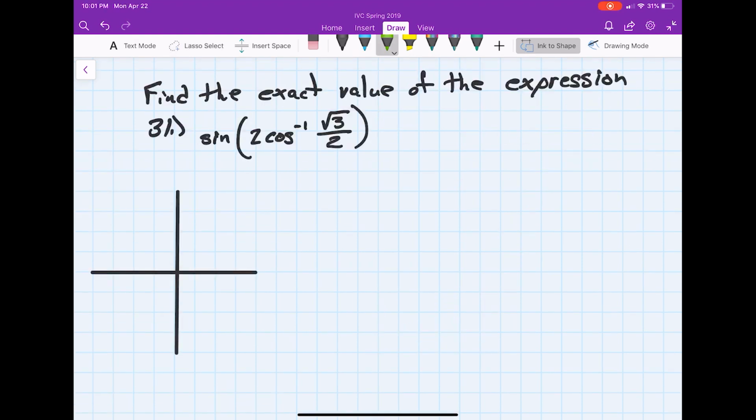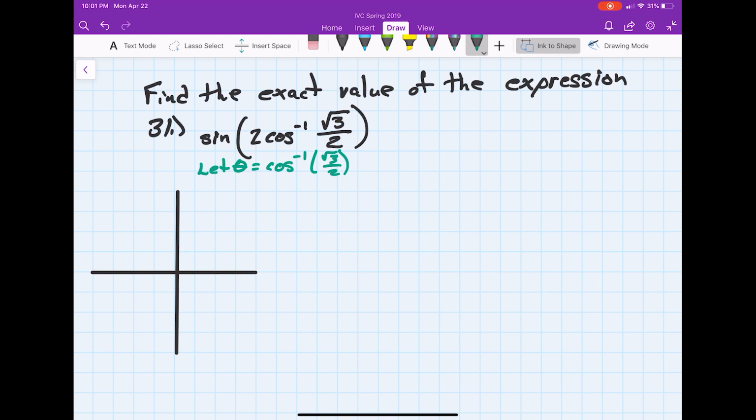For these next two, we need to find the exact value of the expression. So here we have another double angle identity. It just kind of looks strange. We could have 2 times this whole deal. But anyway, we can let theta equal cosine inverse of square root of 3 over 2.